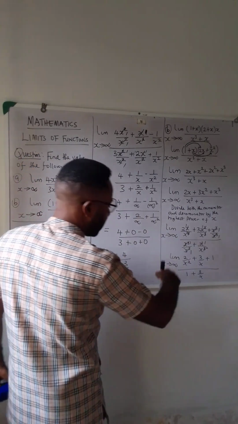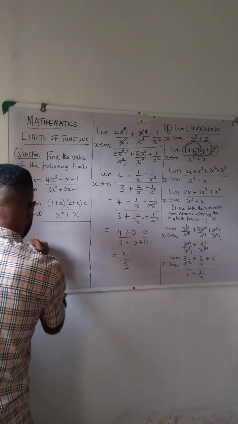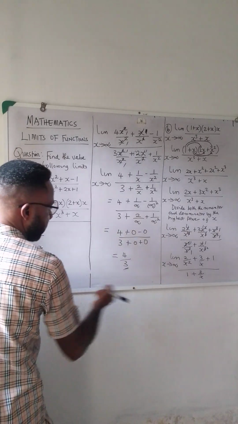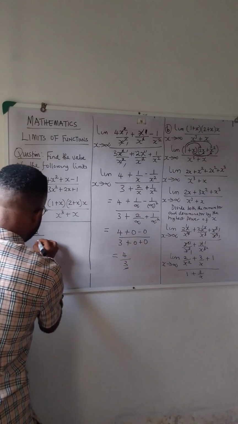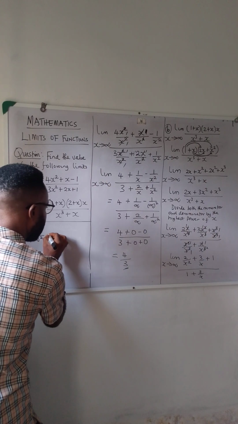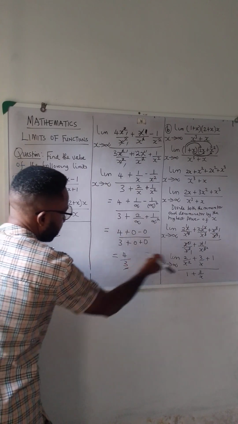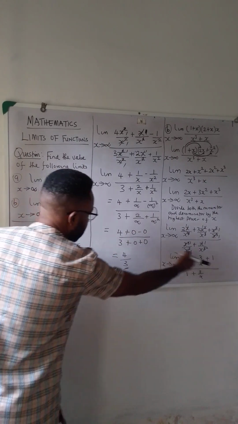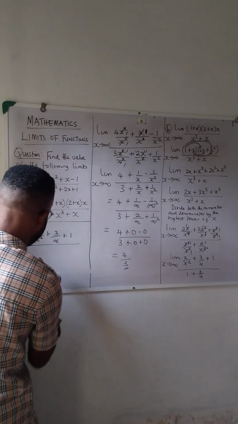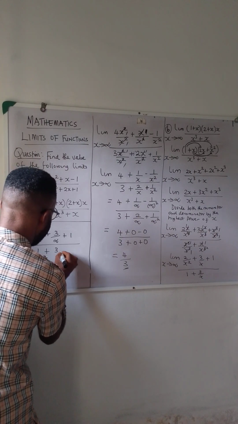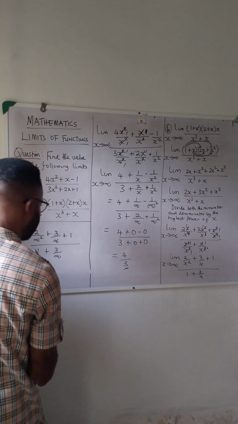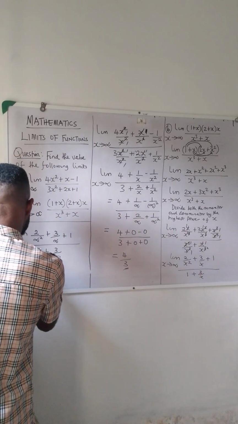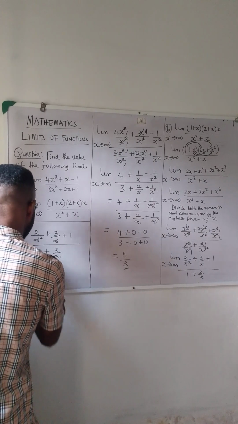So when we now bring in the value of the limit, we are going to have 2 over infinity squared plus 3 over infinity plus 1, divided by 1 plus 3 over infinity, because x is now infinity.